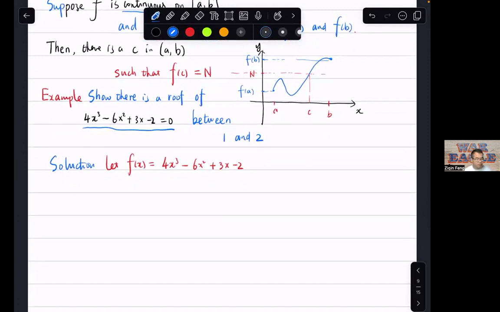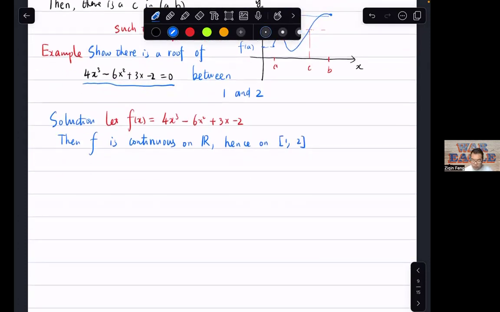So this function f is continuous everywhere, and for sure it's continuous on the interval we are interested in, from 1 to 2.